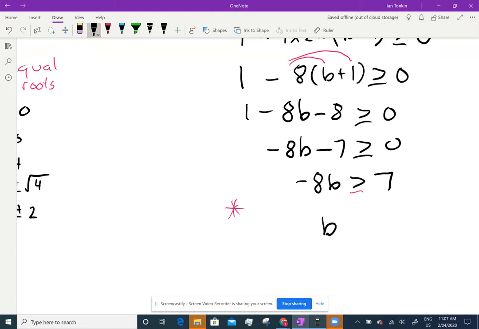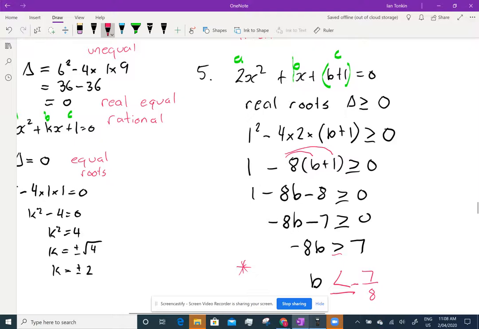So that's going to be b, and this changes direction, 7 on 8 negative. So b must be less than or equal to negative 7/8 for this equation to have real roots.